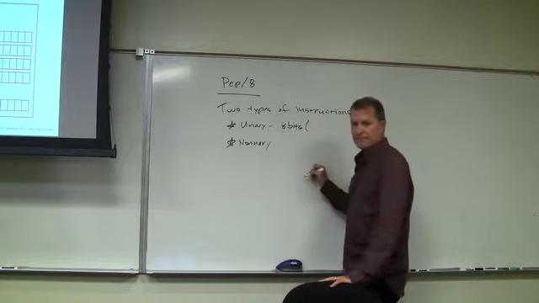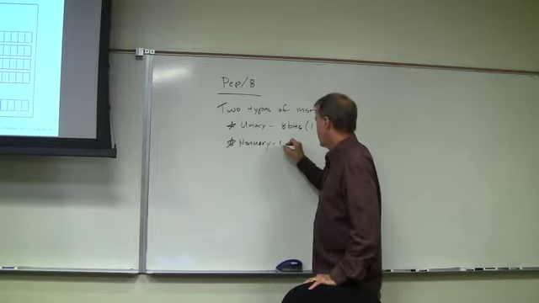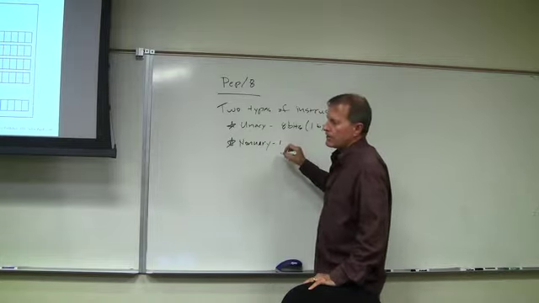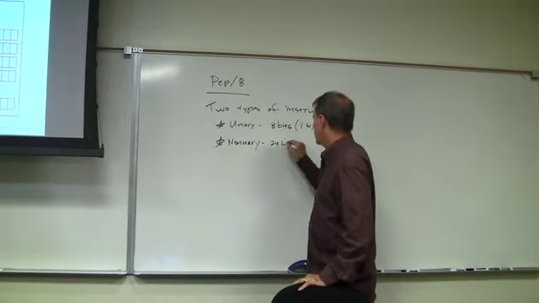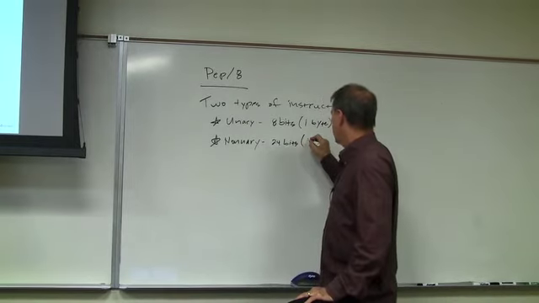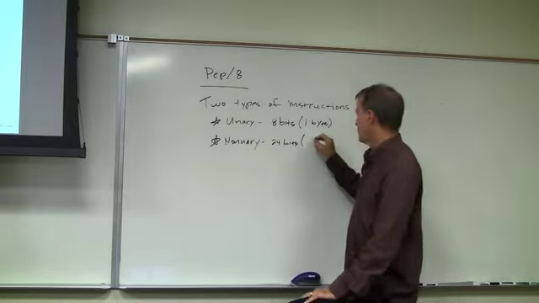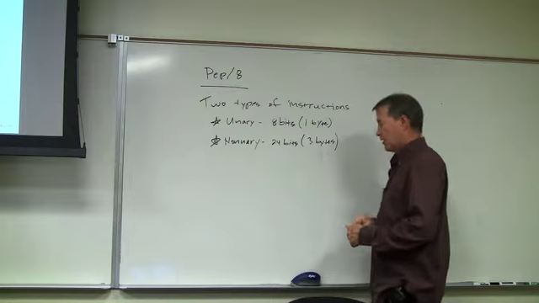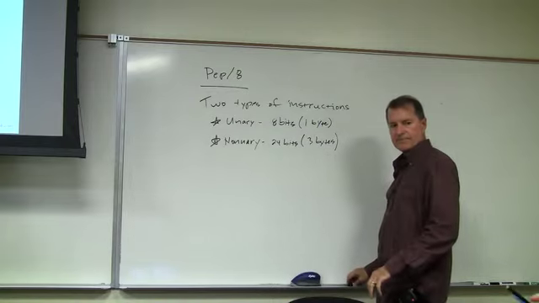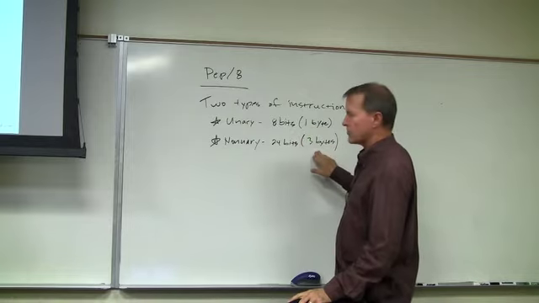How many bytes is that? 1 byte. And non-unary, how many did you say altogether? 24 bits. So how many bytes is that? 3 bytes. Okay, so non-unary would use all 3 bytes. A unary instruction only uses 1 byte. A non-unary instruction uses all 3 bytes.